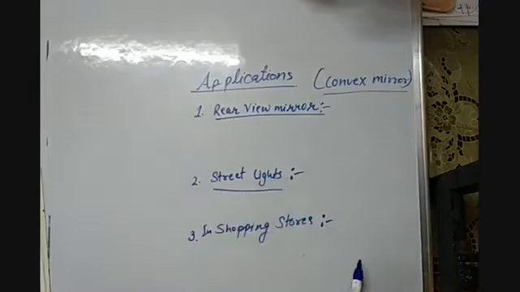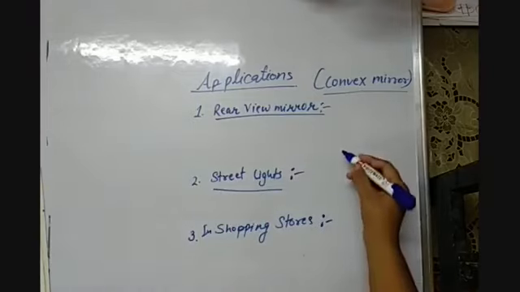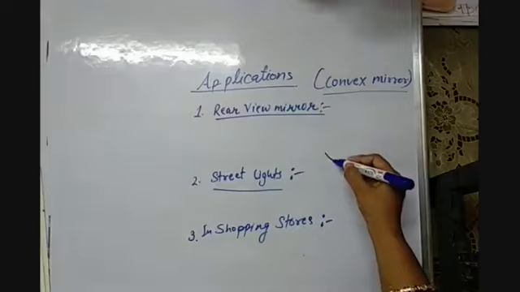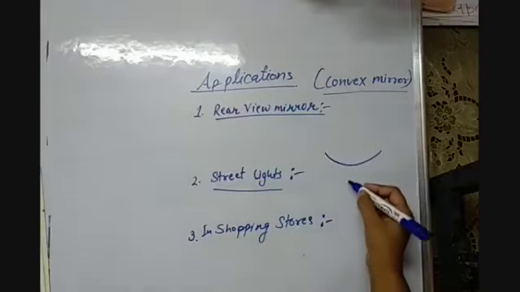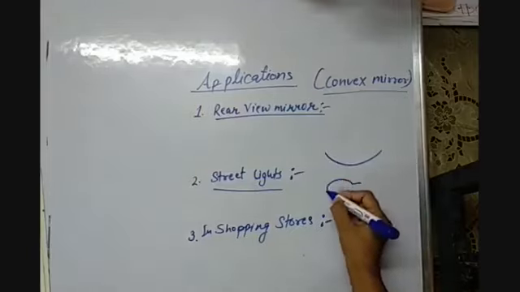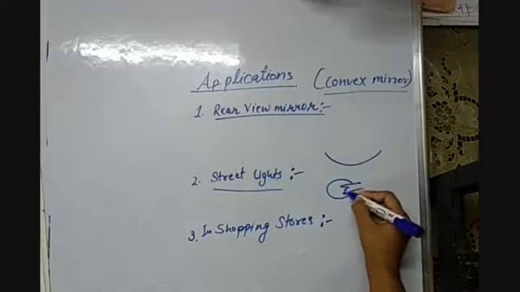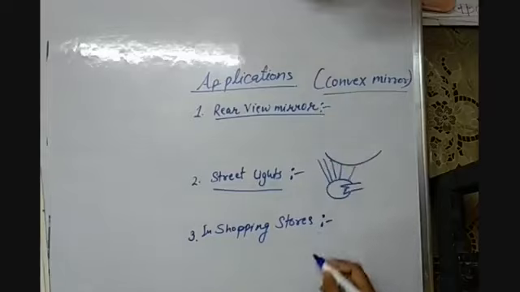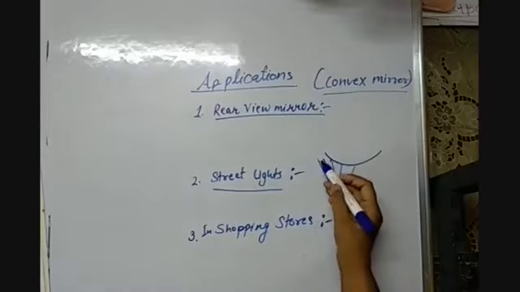The second use is in street lights. We are using convex mirrors because, as its surface is like this, if we place a lamp here, then all the radiations coming to the reflecting surface will get diverged.